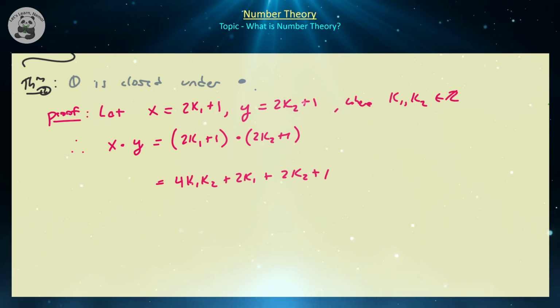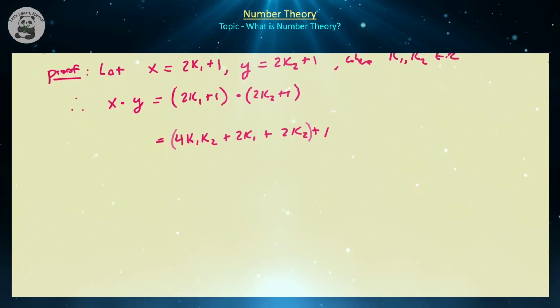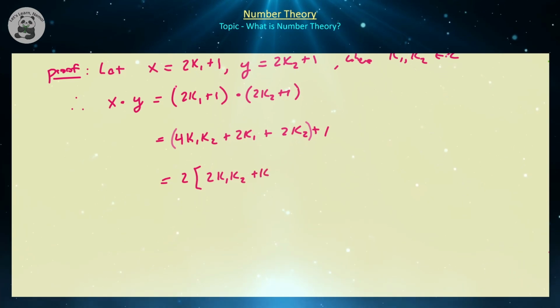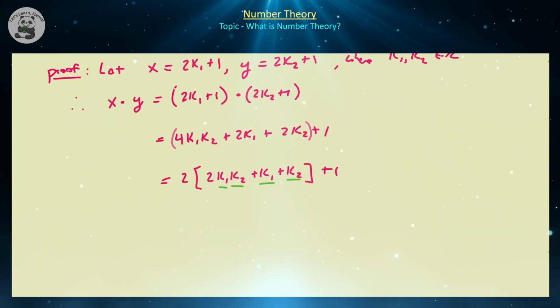What we can do is factor by grouping. I'm going to factor a 2 out of the first 3 terms of this expression, and that's going to give me 2 multiplied by (2k1k2 plus k1 plus k2) plus 1. Now, k1 is an integer, k2 is an integer, k1k2 is an integer, 2 times an integer is an integer, and the sum of two integers is also an integer.